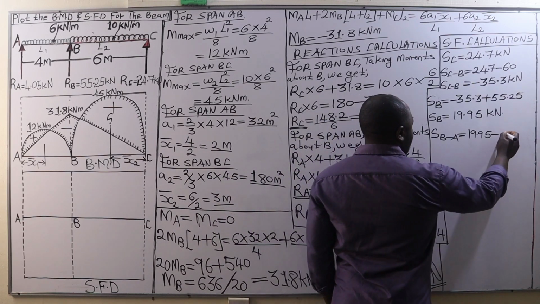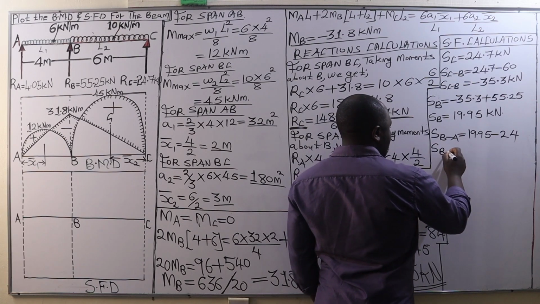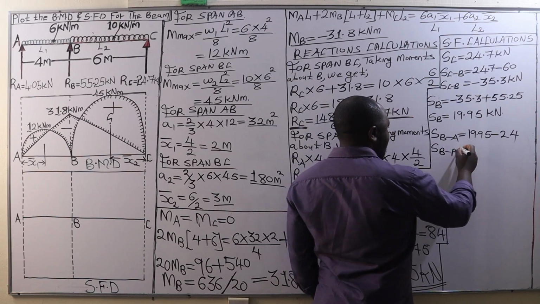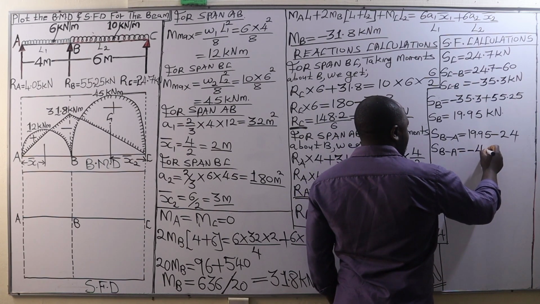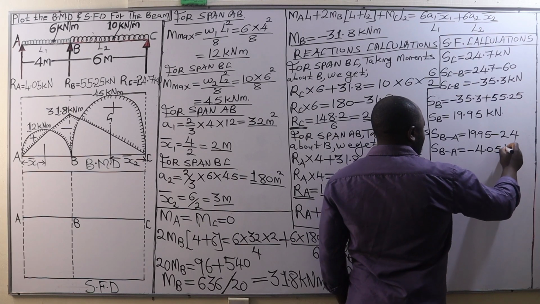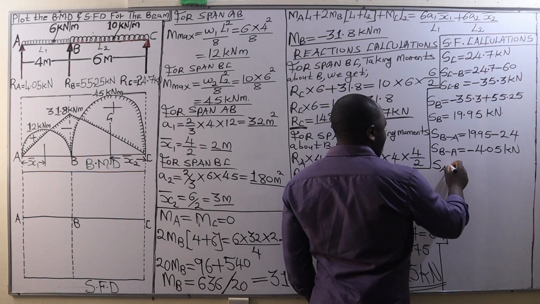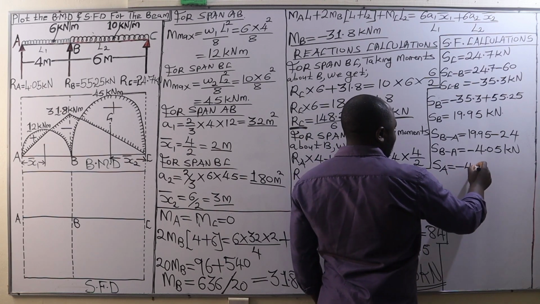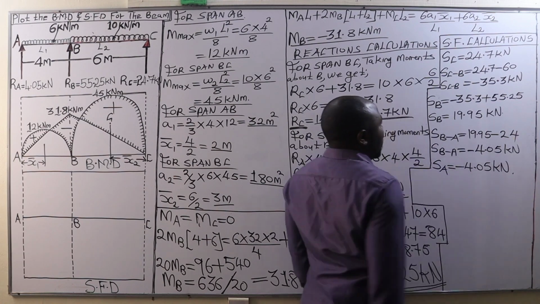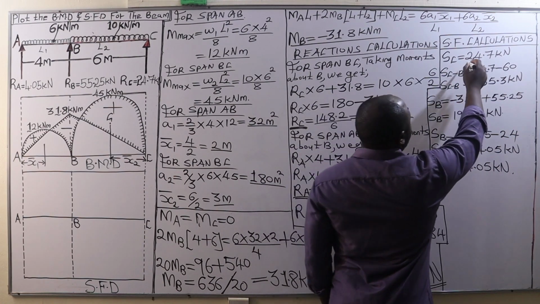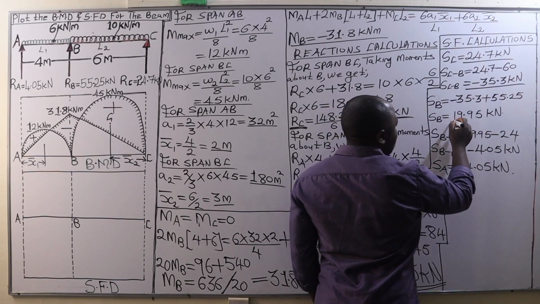Therefore, 19.95 minus 24 is going to give us a shear force between B and A of negative 4.05 kilonewtons. Then finally, the shear force at A is going to be negative 4.05 kilonewtons.